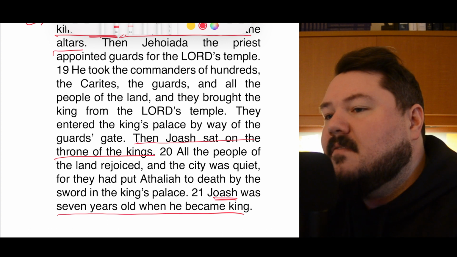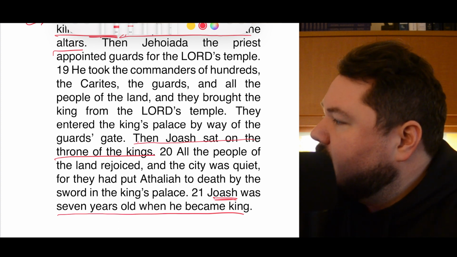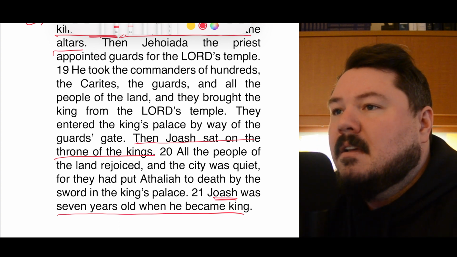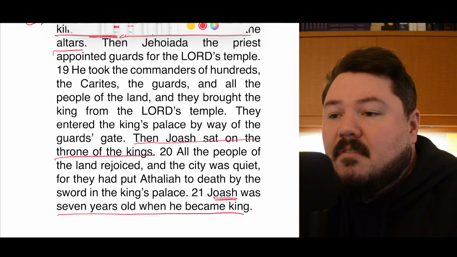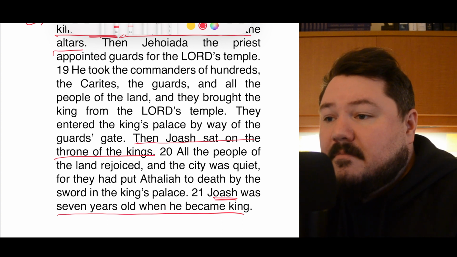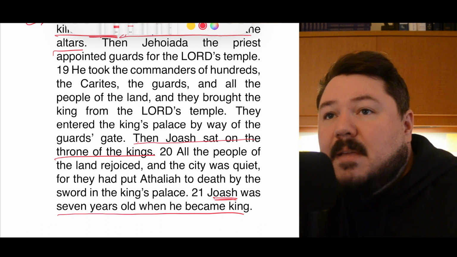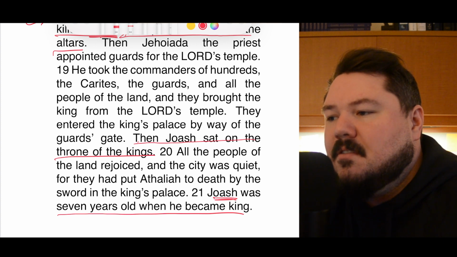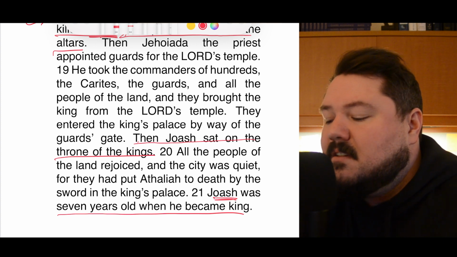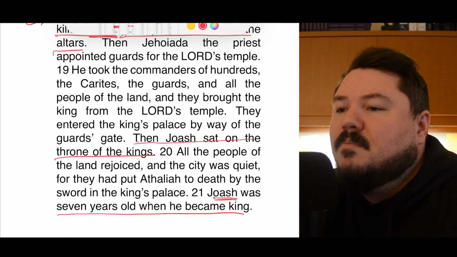There was a moment where the Davidic line was in jeopardy, where it seems like God's promise to him that he would always have an heir on the throne is about to be broken. Like a Davidic king is being wiped out by Athaliah. But one child is preserved, and he's made king. So this is a great story of providence and how God keeps his promise.